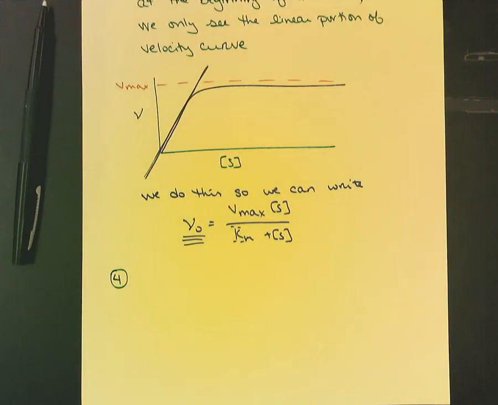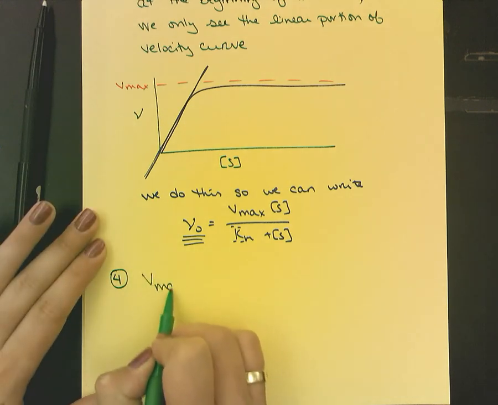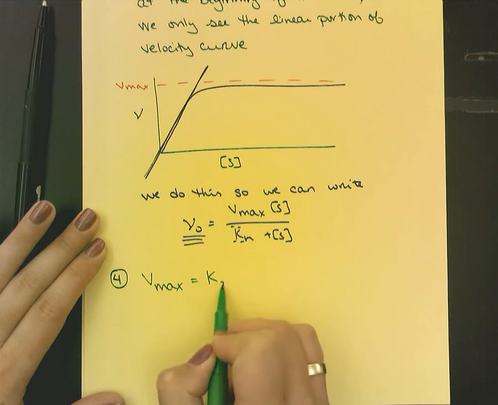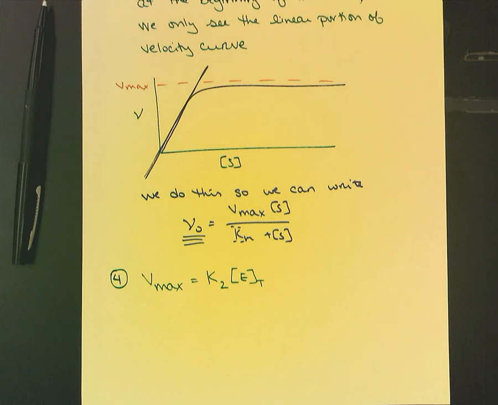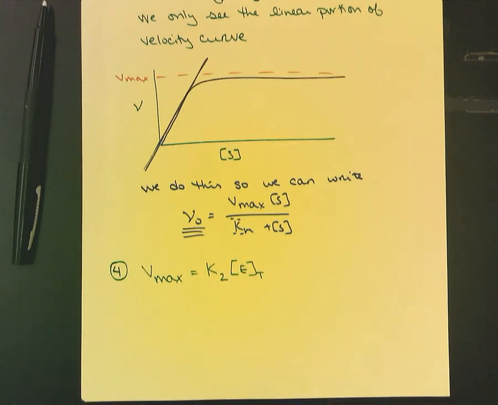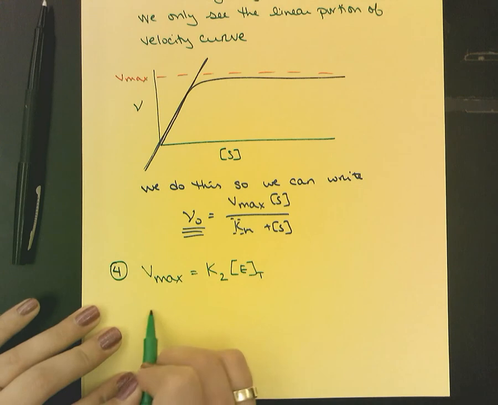So the fourth and final assumption that we can say. Actually, like the velocity initial, that's to let you write the things. Yes. Our final assumption is that the maximum velocity is only related to K2, because we assume, I guess, as part of this.